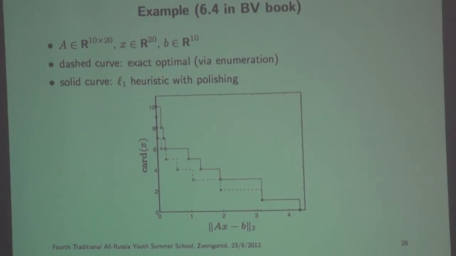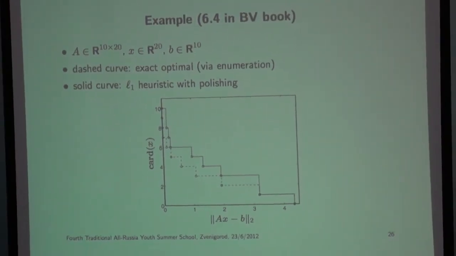In this case, we can get the exact answer. It's nothing, because to get the whole curve, 2 to the 20 is a million, so it's not a big deal. And you solve a least squares problem of this size, anyone know?